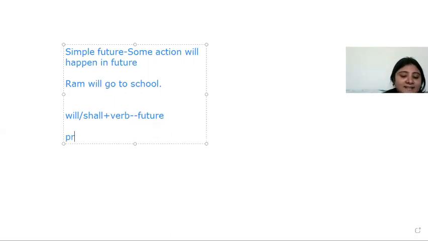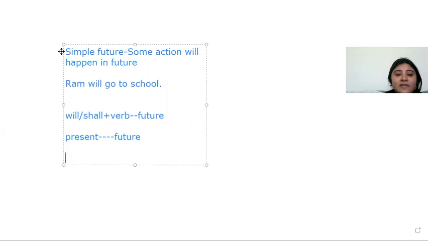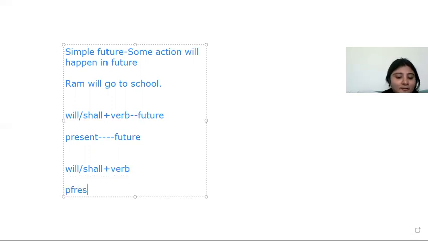So if a present tense is given, it is very easy to change from present to future. How do we generally do it? We just need to add a will or shall with the verb, and it will be changed from present to future. Okay.